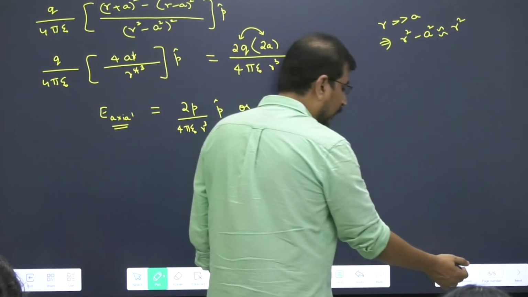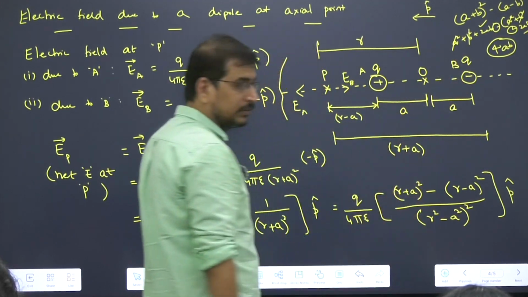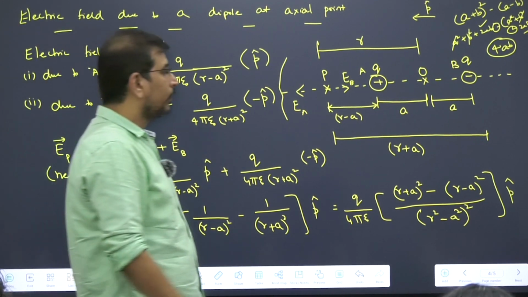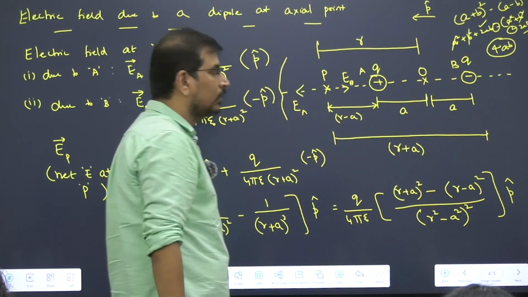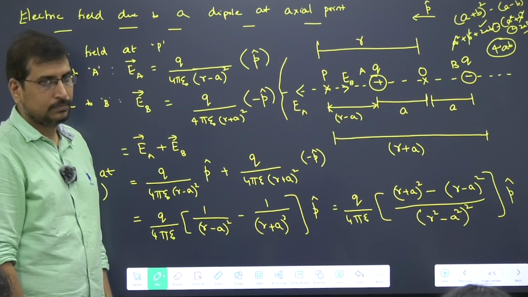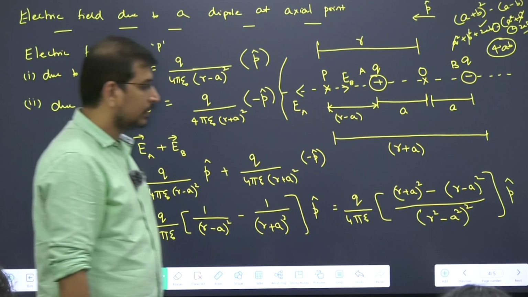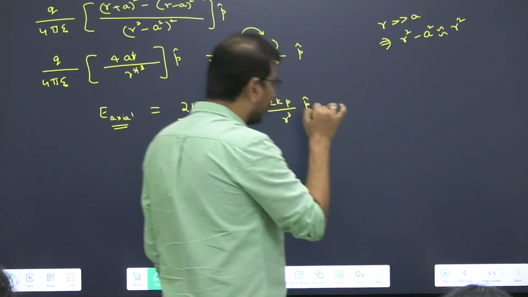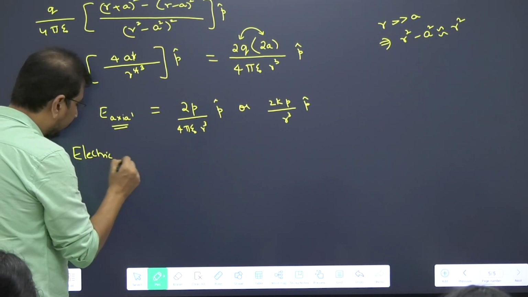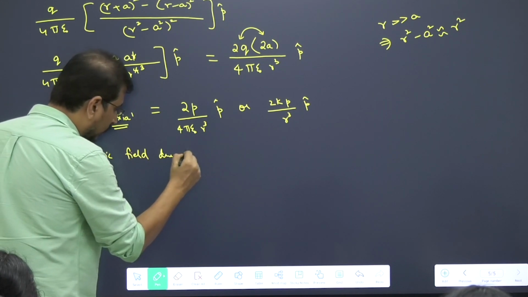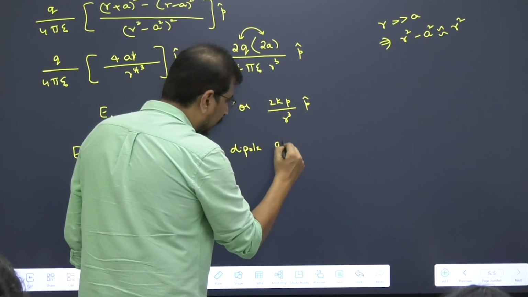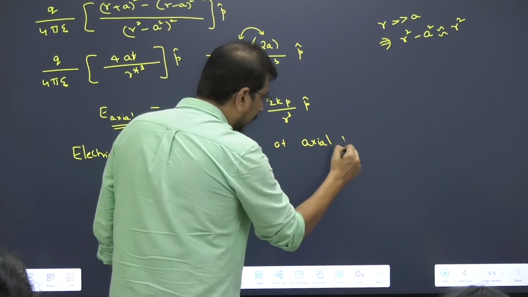So what do you think will happen had I taken this point on the right hand side? So it will still be in the same direction. Are you able to understand? So here the important point that we need to make a note of is: electric field due to a dipole at an axial point.